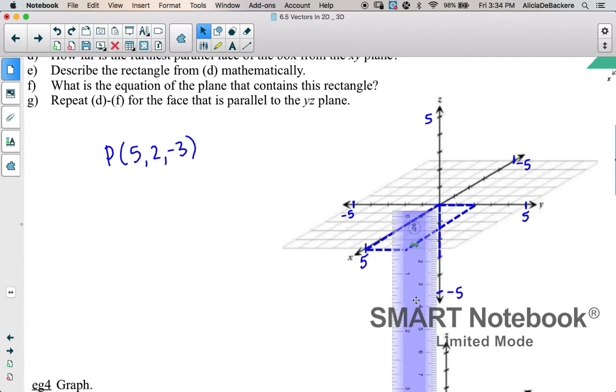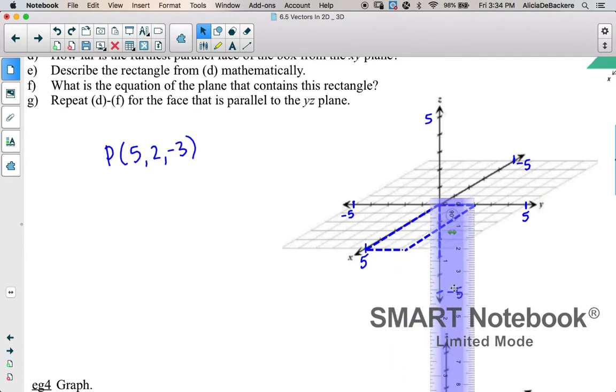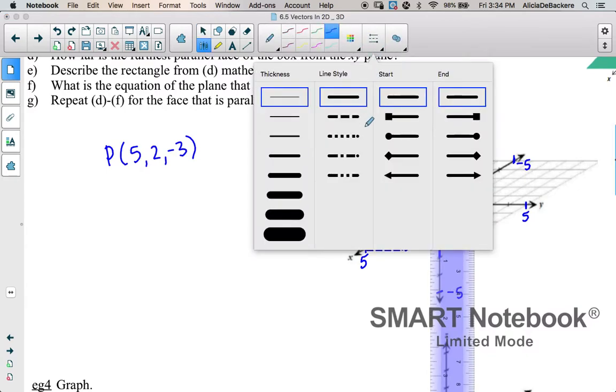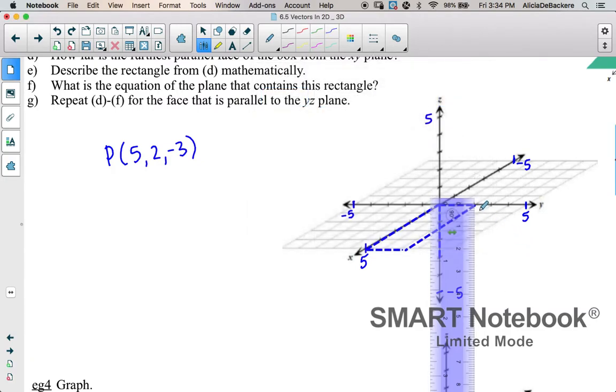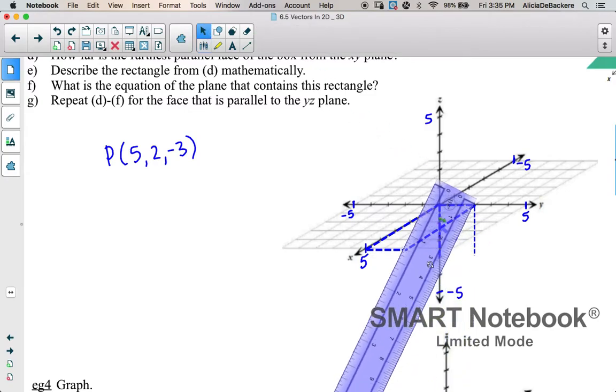And so now what I'm going to do is drag my ruler to each corner of the box and draw a line that's about 2.3 centimeters long. So there's my first one. Oops.